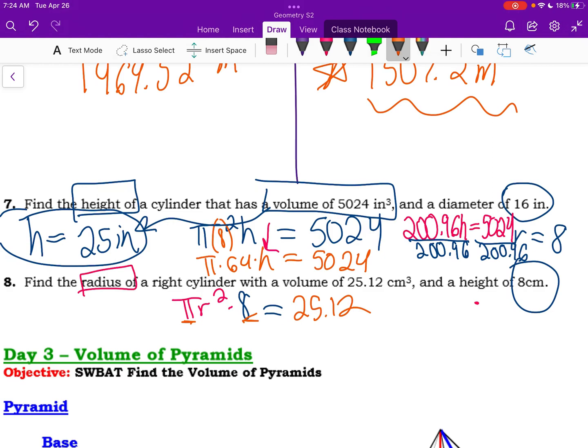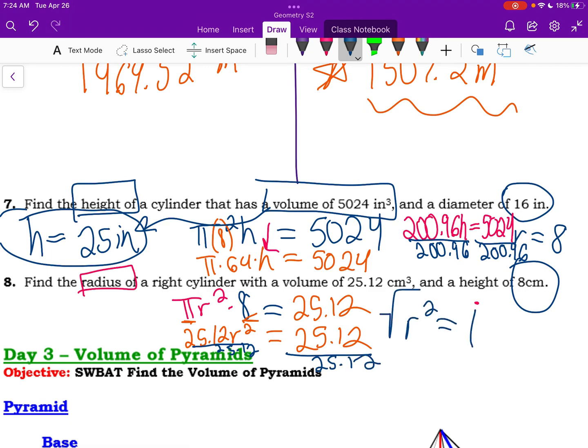So 3.14 times 8 is 25.12 radius squared. They look pretty similar on both sides, I believe. That's okay. Let's just keep going. 25.12 divided by 25.12. Well, that means r squared equals 1. The square root of 1 is just 1. So the radius is 1.